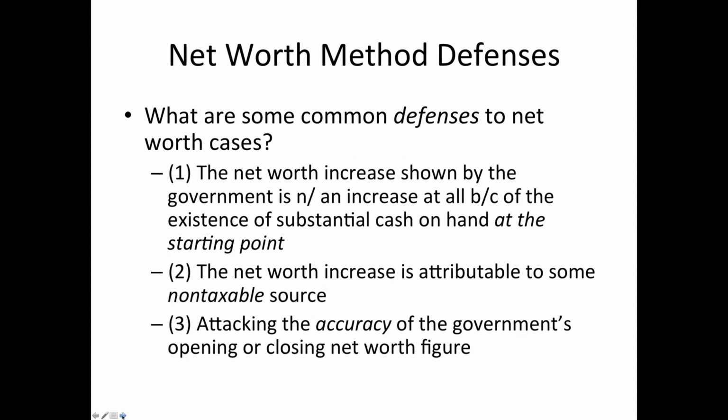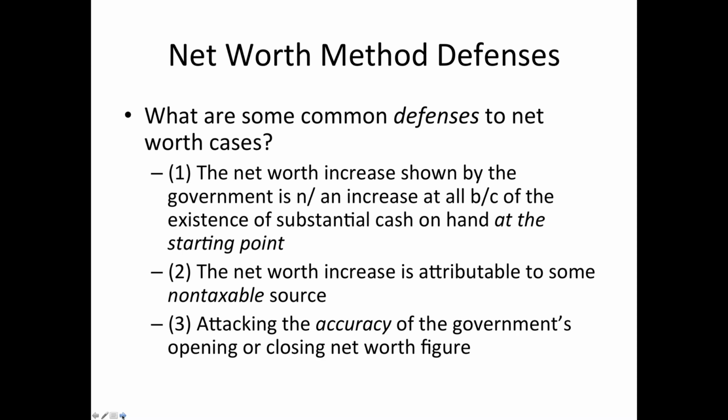What are some common defenses to these net worth cases? The first is that the net worth increase shown by the government is not an increase at all because of the existence of substantial cash on hand at the starting point. And if that rings a bell, that's because it's known as the cash hoard defense, which we're going to get into in a second.